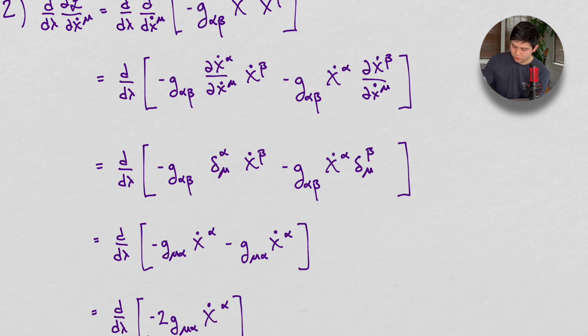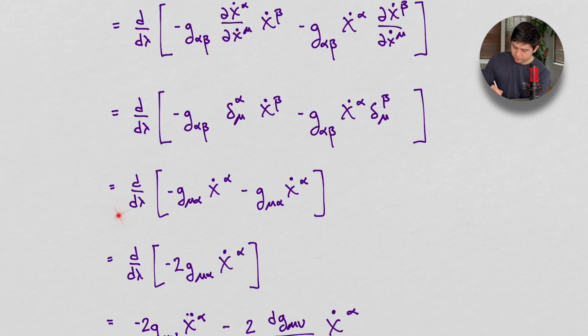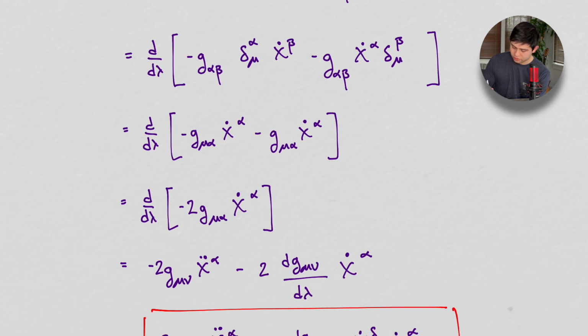So alpha mu, beta mu, and then we have this right here. Because this is a Kronecker delta, we change our subscripts to match. And when we change the subscripts, we get this guy right here because these two guys are the same.